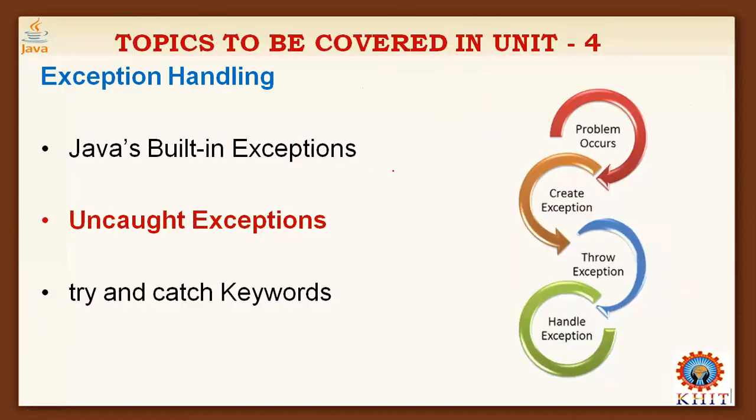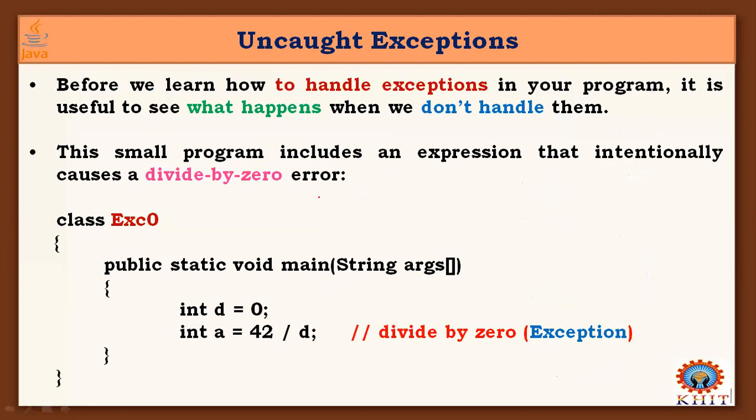The next one is related to the built-in exceptions available in Java. And now we are ready to take up the process of how to handle exceptions. Before that, a small concept called uncaught exceptions.